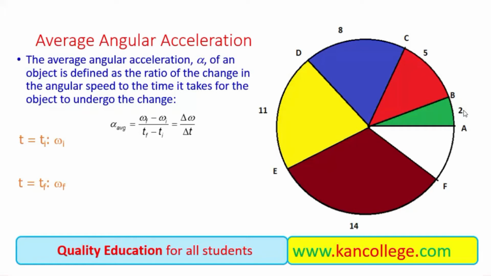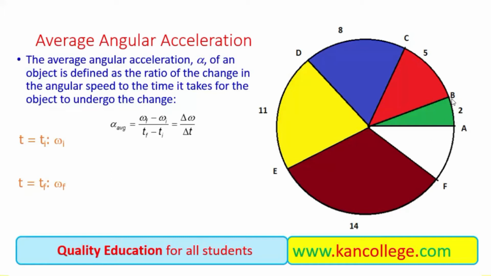It means it has a speed of 2 degrees per second in the first second, and in the next second it has a speed of 5 degrees per second. Similarly, in the next second it has a speed of 8 degrees per second, and in the next interval it increases its speed further to 11 degrees per second, and similarly in the next interval it speeds up more and its speed is now 14 degrees per second.